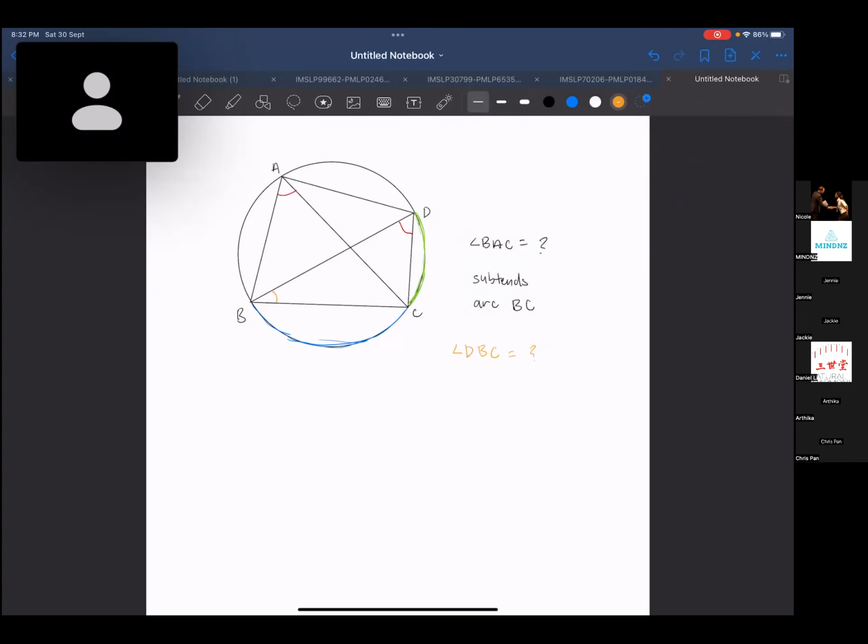In a similar fashion, we also have angle CAD, which is also subtended by the same arc. And therefore they are equal. Okay, does everyone think that's pretty clear?